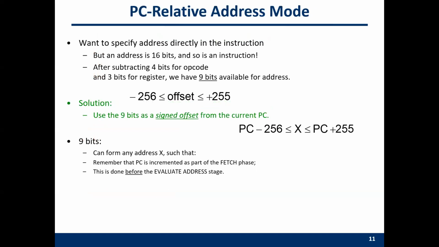So the first one is the PC relative addressing mode. The PC relative addressing mode aims to specify the address directly in the instruction. But unfortunately, our instruction is also 16-bit.